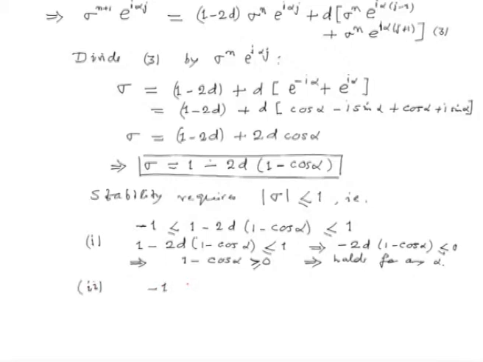It is minus 1 is less than or equal to 1 minus 2d into 1 minus cos alpha. Let us add 1 on both the sides of the inequality. So, we get 0 is less than or equal to 2 minus 2d into 1 minus cos alpha.